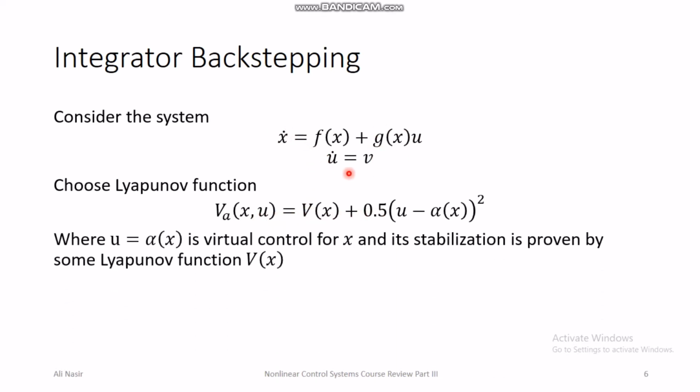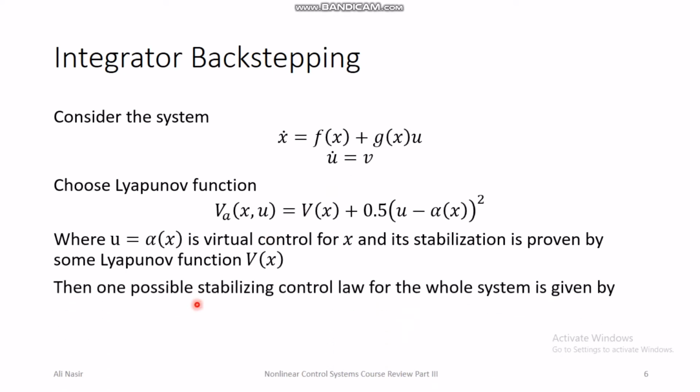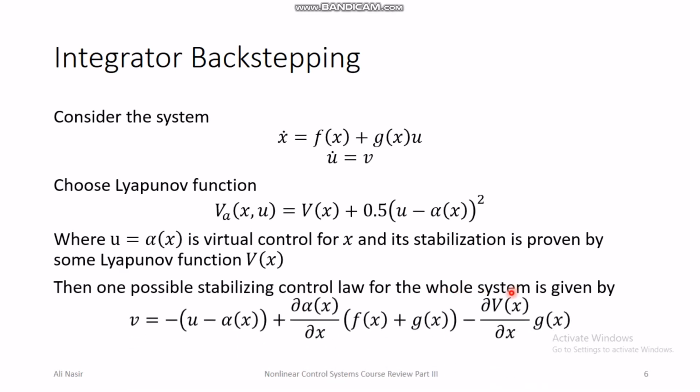Then you have one possible stabilizing control law for the whole system, given by v equals minus u minus alpha x plus partial alpha x by partial x into f of x plus g of x times u, minus partial V by partial x into g of x. So this is one possible control law.